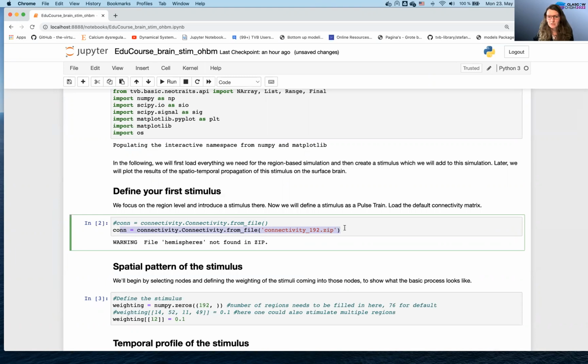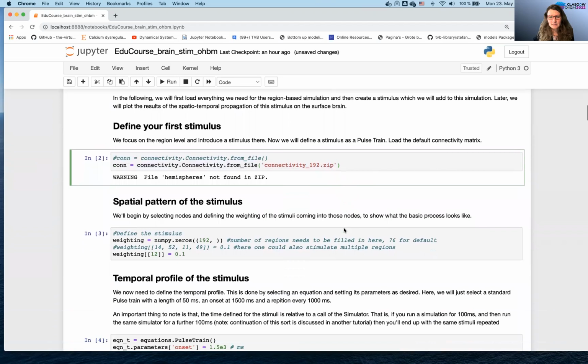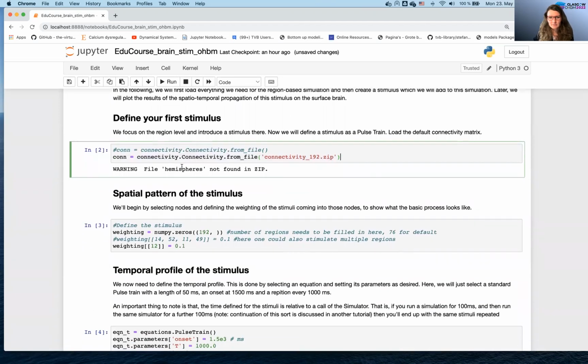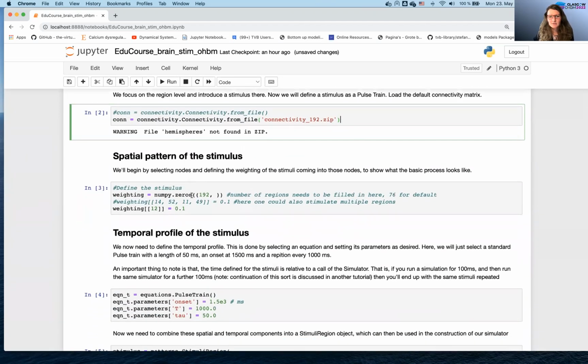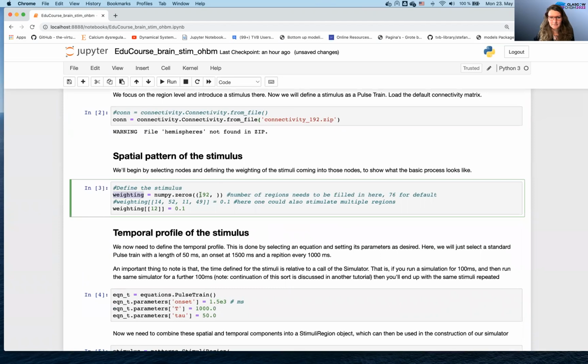One of them is called connectivity 192, which is 192 because it's 192 regions, and we will use that one. So it's importing the connectivity with this command, and then we need to define where spatially the stimulus will be placed. And this is in a variable called weighting. We first make it an all-zeros vector, so the stimulus is nowhere.